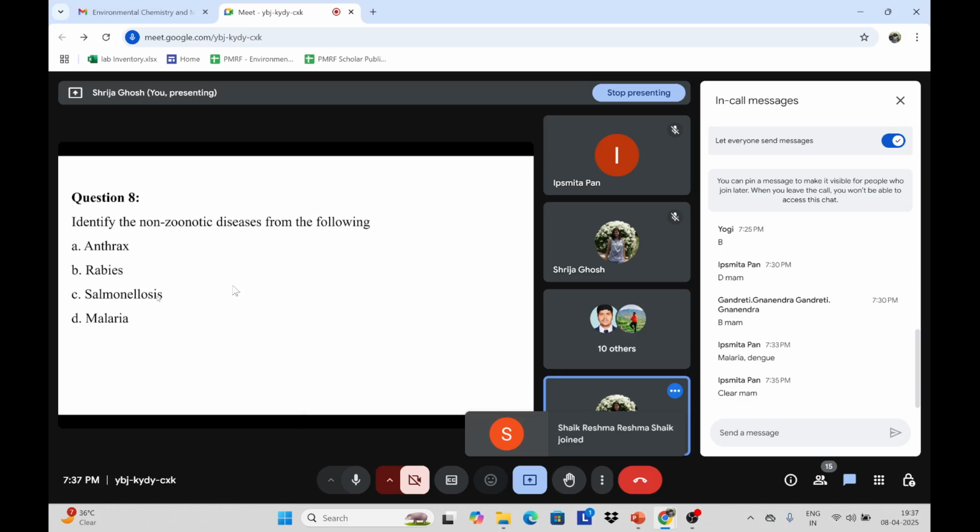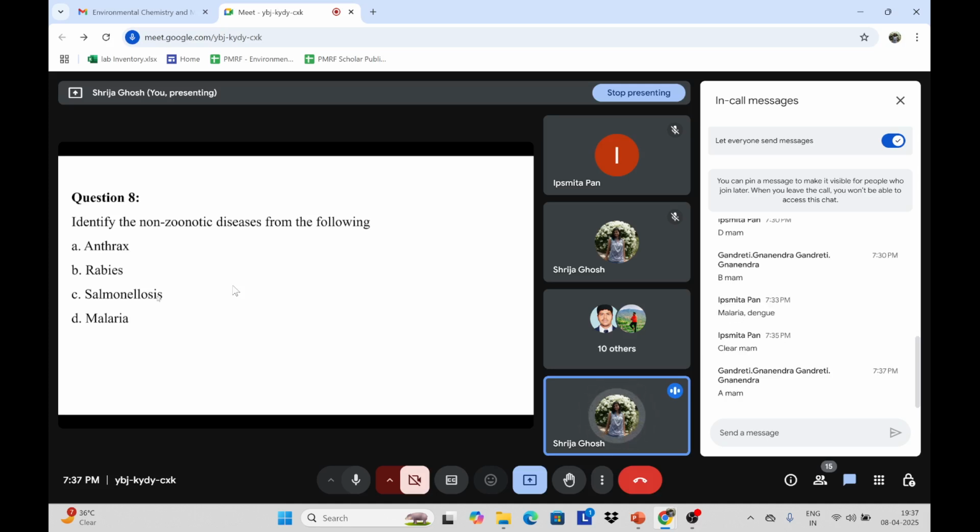Anybody? Which of the following is a non-zoonotic disease? Anthrax, rabies, salmonellosis, or malaria? Okay, I have one answer. Option A, anthrax. Anyone else?